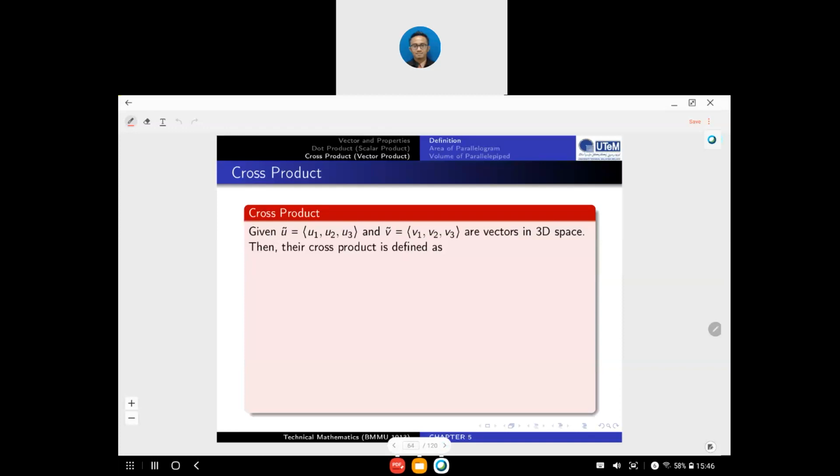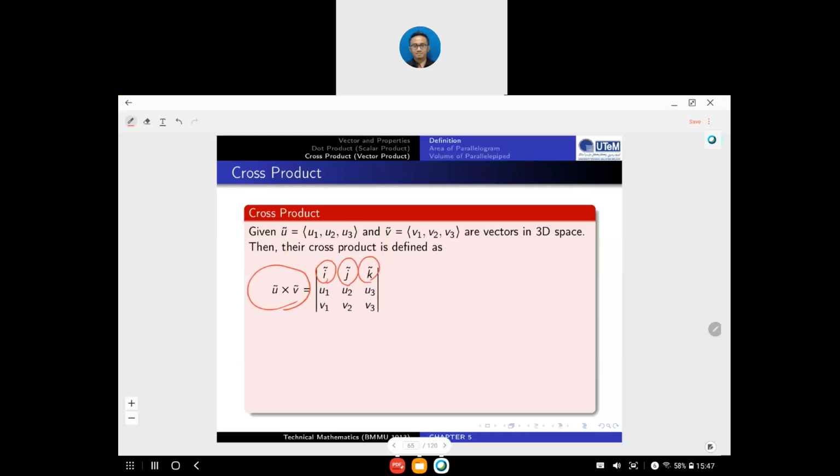When you have vector u equal to u1, u2, u3 and vector v equal to v1, v2, v3 in 3D space, then their cross product we can get by this, u cross v. Okay, you must write the matrix, the same as when we learned matrices before. But at the top here, you must put i, j, k.